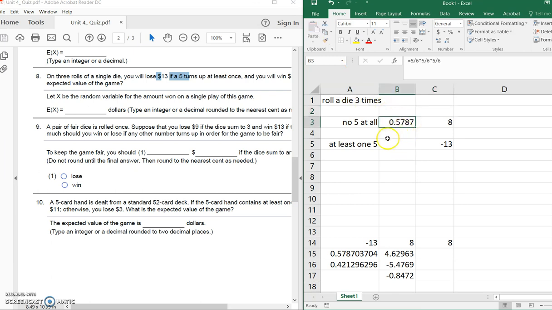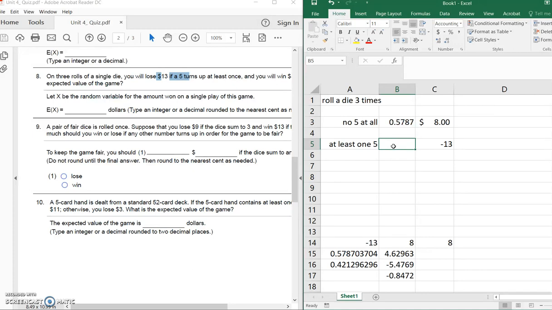So that's the probability of rolling 3 dice and not getting any 5s at all. So when that happens, you win $8. And on the other hand, if you roll 5 at least once, which is actually the opposite of this event, instead of trying to figure out how can I get 1 five and 2 other numbers, and then 2 fives and 1 other number, that would be too much to calculate.